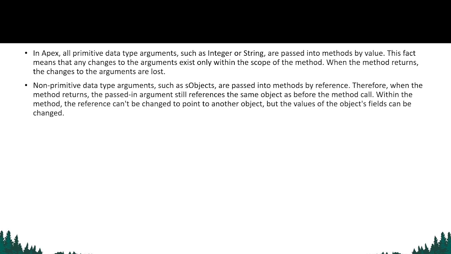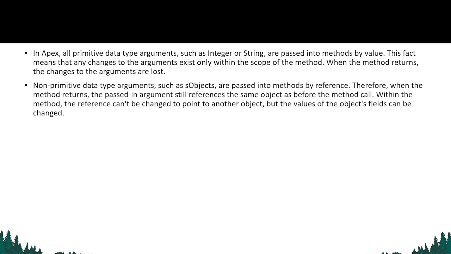If any changes are made to the arguments, then those changes will be limited to the method, because the arguments are declared inside the methods. So the scope will also be limited to that particular method in which it is created. Whenever the method returns, the changes to the arguments are lost.